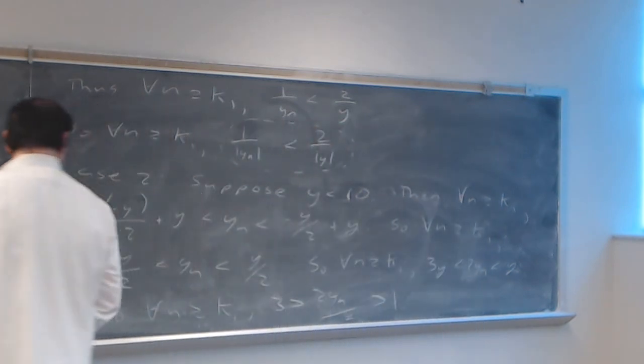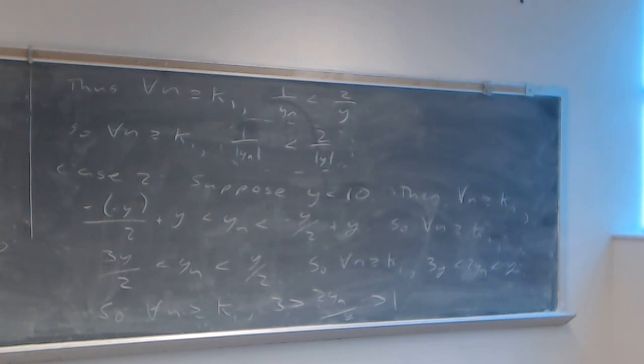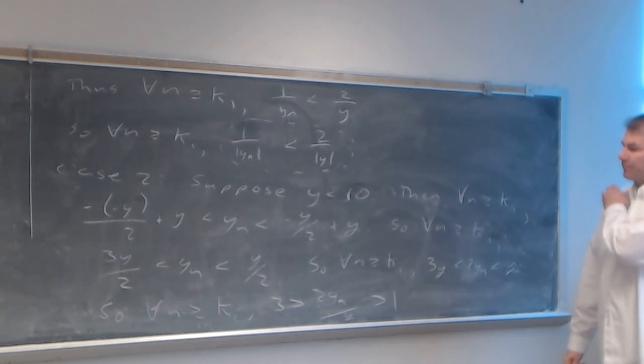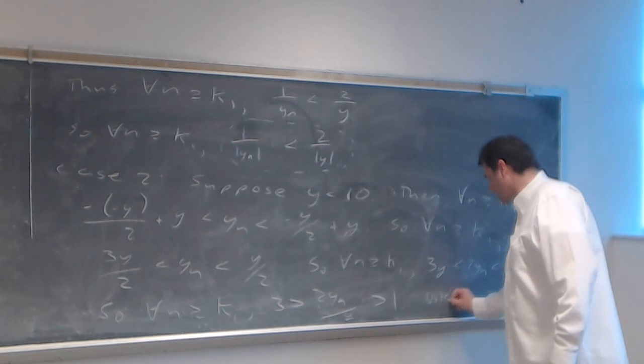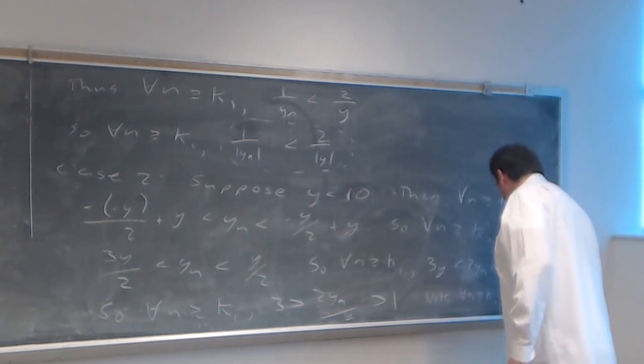Now I'm going to divide everything by y sub n. And I really omitted something, so I'm going to come back to this. Note, for all n bigger than or equal to k sub 1, y sub n is less than 0.